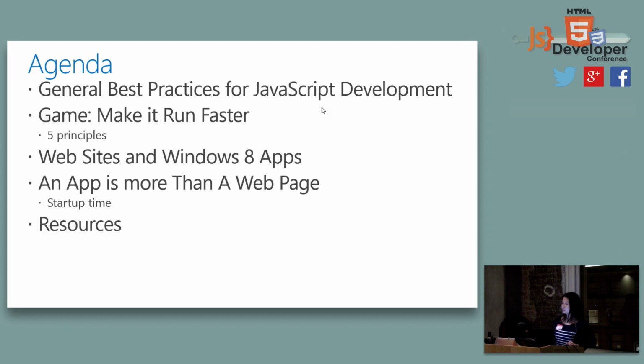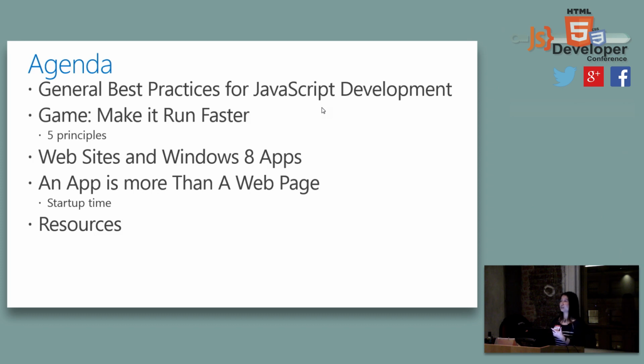And if we still have some time, I do want to address another topic, which is we talk about websites, but really, with Windows 8 apps, the way you optimize your website using JavaScript is exactly the same as you will optimize for your apps. The reason is you could use HTML5 and JavaScript to develop native apps in the Windows Store.